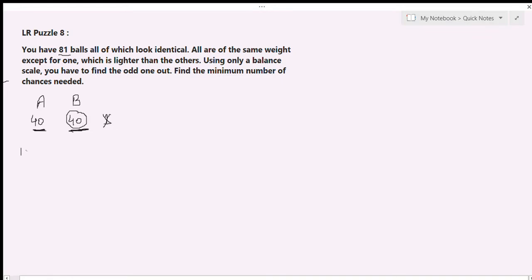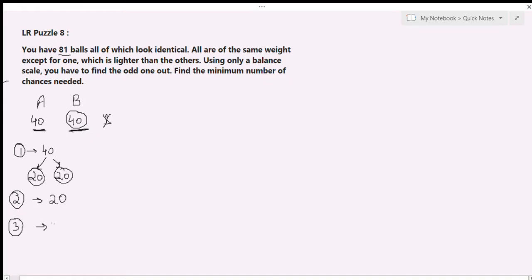So after the first chance, I'll be having 40 balls. Then in the second chance, I'll divide the 40 balls into groups of 20 each. Then after this second chance, I'll be left with 20 balls.